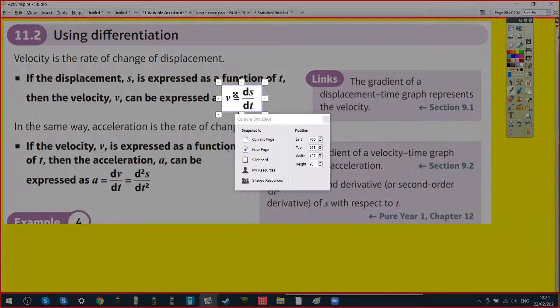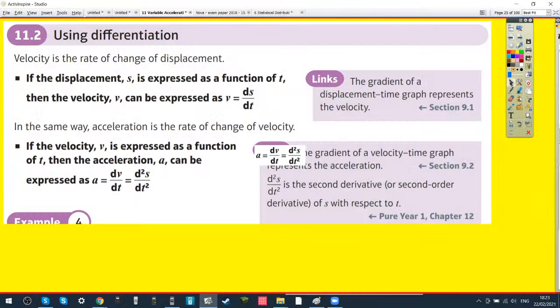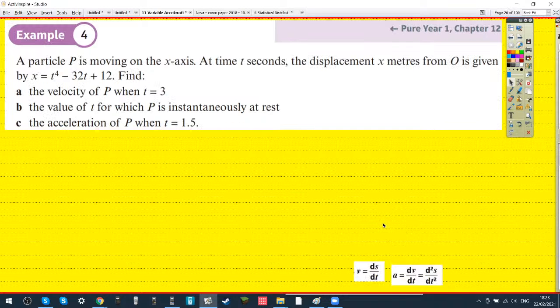And then acceleration is the derivative of velocity, which is the double derivative of displacement. It's because one is to the power of 2, one is to the power of 1, one is to the power of 0.